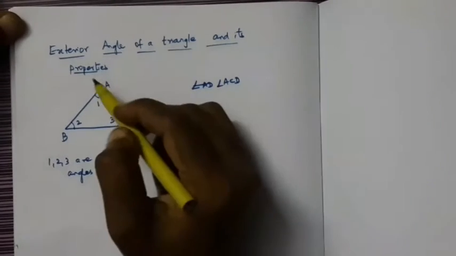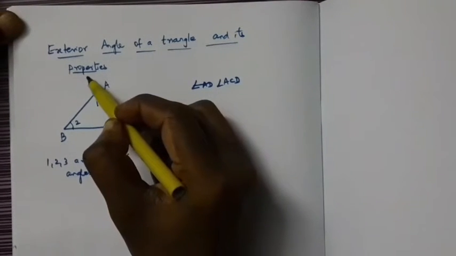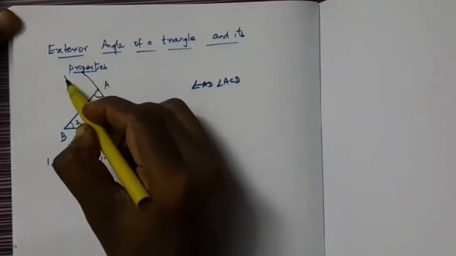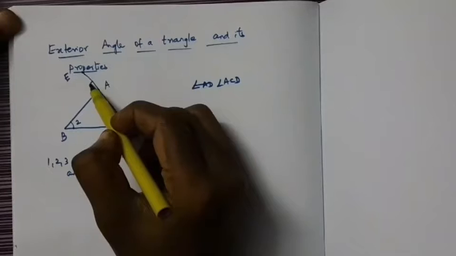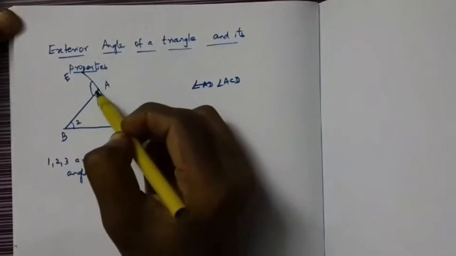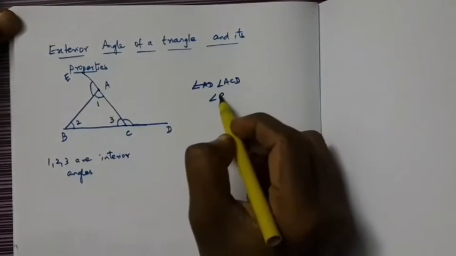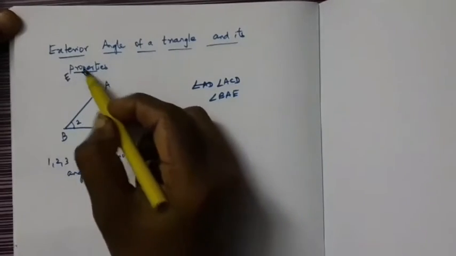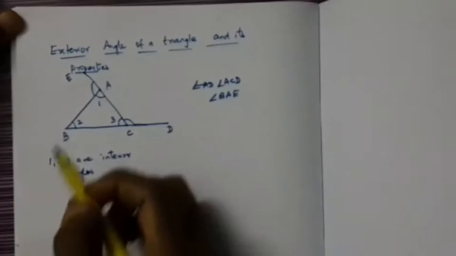Similarly, if I extend this line and make some point E here, this angle BAE is an exterior angle.